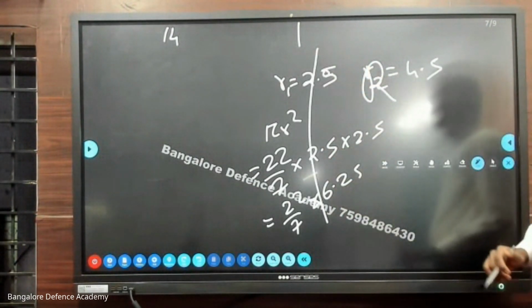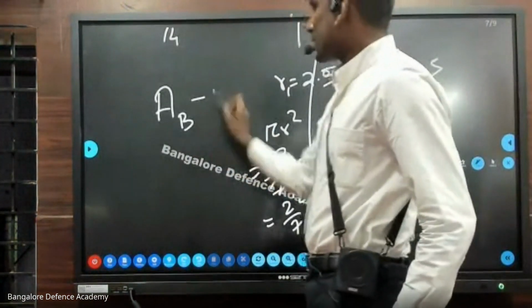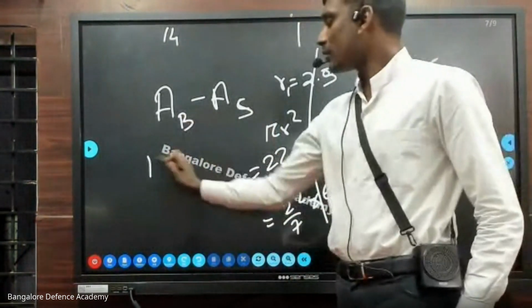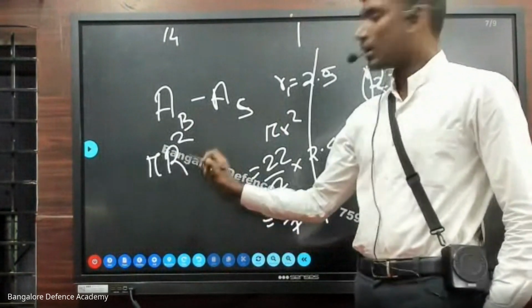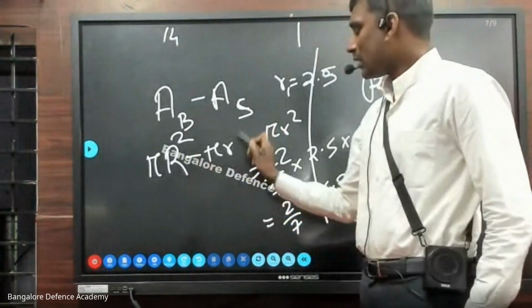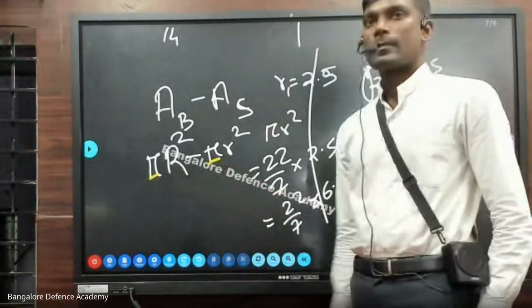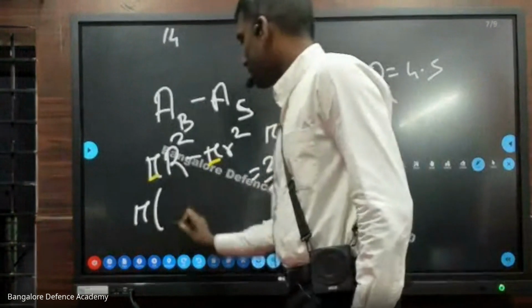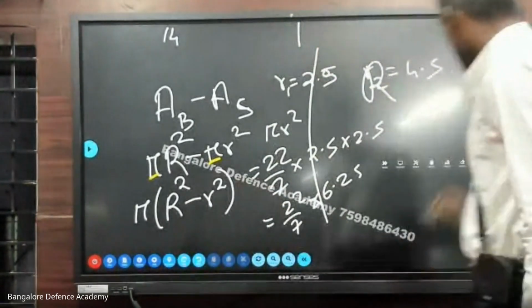Now look at this. You know, area of bigger circle minus area of smaller circle. Yes or no? What is the formula for area of bigger circle? Pi r square, R matlab bigger R, minus pi r square, ye r matlab small r. Now what is common in this? Pi is common. So I take pi common. Look at this: capital R square minus small r square.